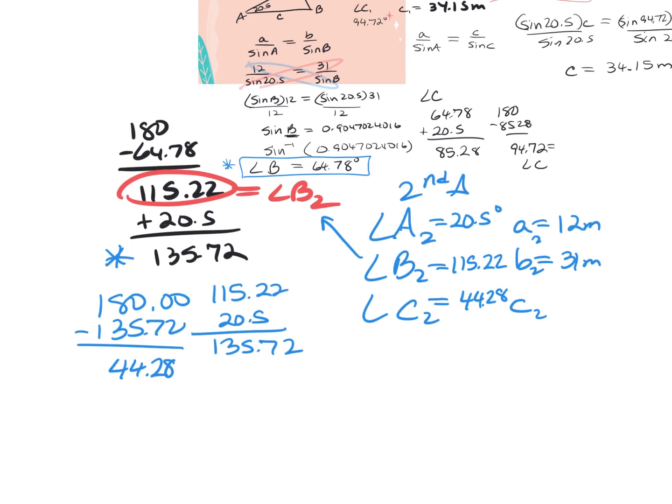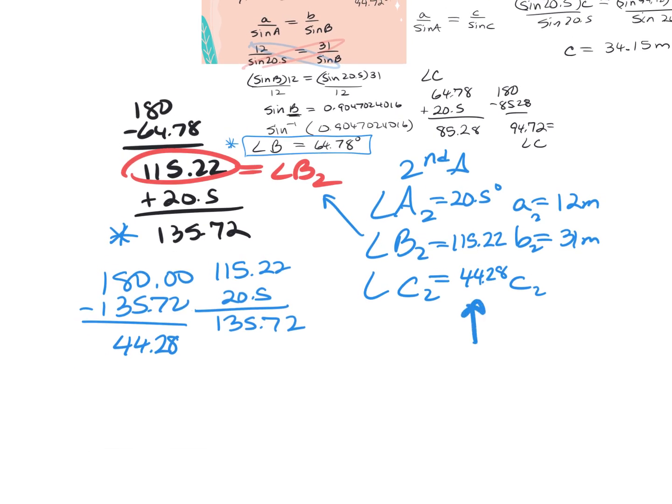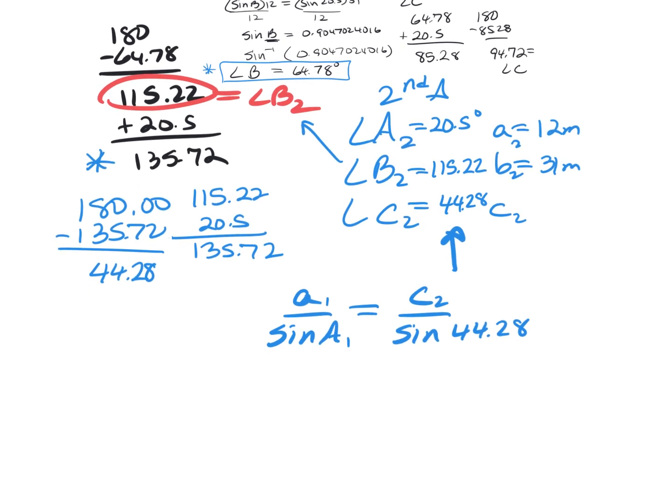And now all I have to do is find side length C using this new angle C. So again, I'm going to do a proportion in order to find that second side C. So I'm using the A over sine A, and then C, and this is all of this. This was still the first information, but this is now the second angle C, the 44.28. And let me go ahead and also fill in my side length for A from the beginning, which was a 12, and then my angle A from the beginning, which was the 20.5.